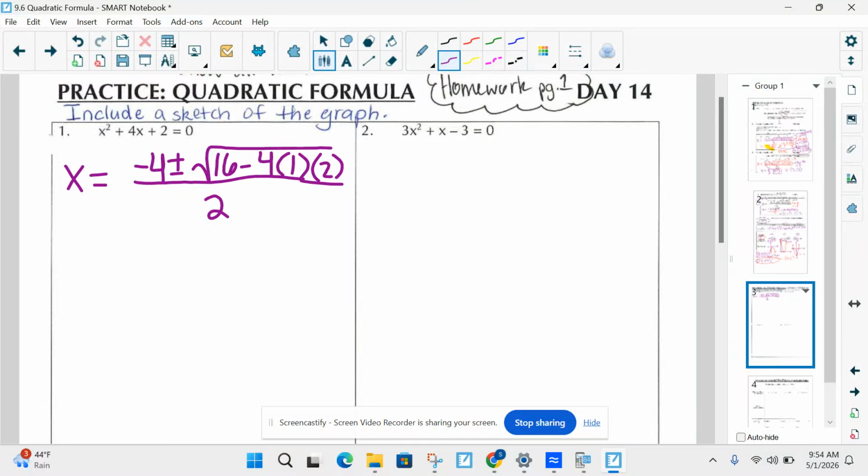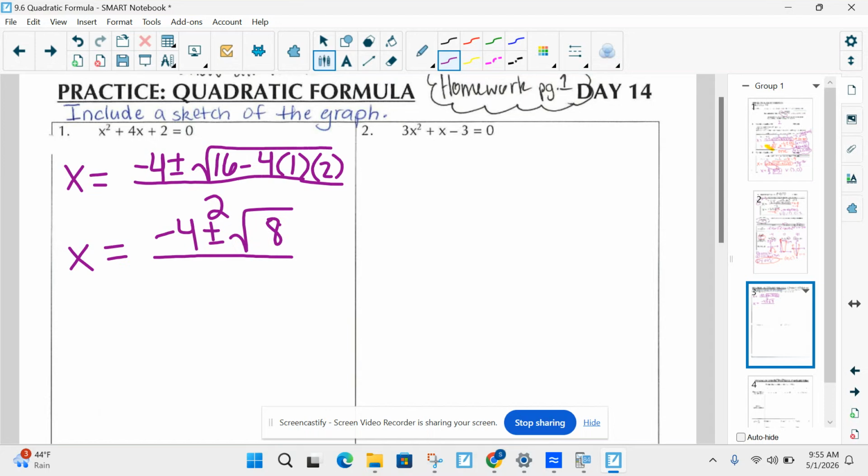All right, now I'm going to simplify it. In theory, you could just type this into your calculator right now, but I like to have it simplified because it helps me check your answer. It's not that hard to do. -4 plus or minus the square root of 16 minus 8 is 8.